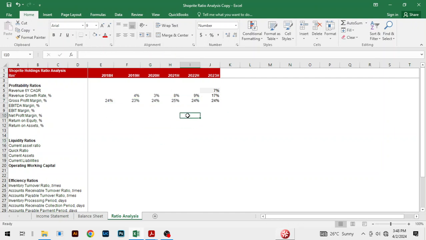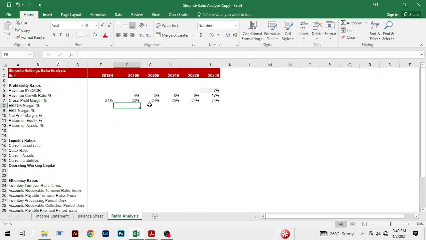So we are seeing that in 2018 the gross profit margin was 24%, and the trend is that the gross profit margin is oscillating between 23 to 24% thereabout. So even if we compute the average, we can get to 24%.